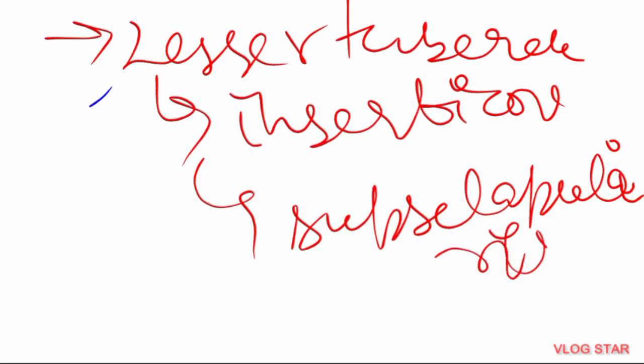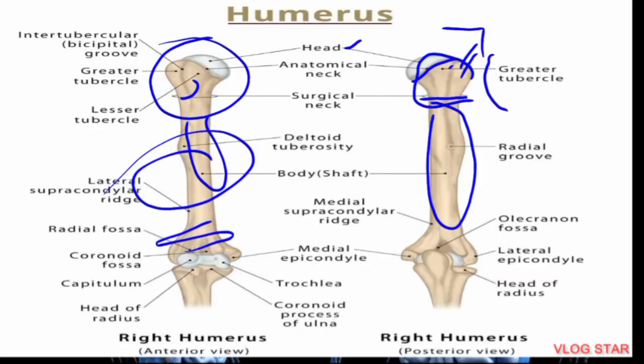Right. Okay. Now let us know some very important things about shaft. Shaft of humerus is cylindrical in upper half and triangular on cross section in the lower half. Here we can see in the upper half it's cylindrical and triangular in the lower half.